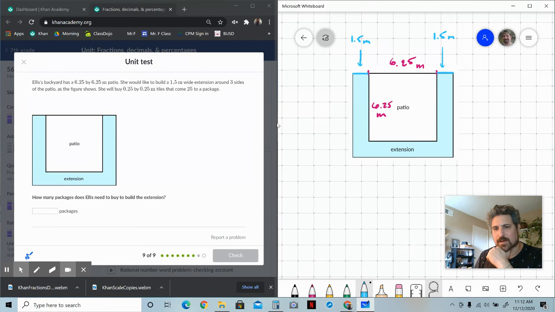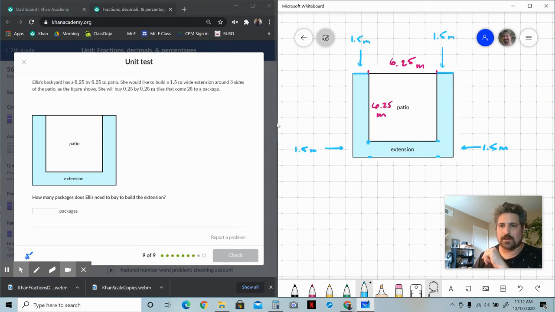And you can see that this distance here would also be 1.5 meters. And that's what she's talking about. She will buy 0.25 by 0.25 meter tiles that come in 25 to a package. How many packages does Ellis need to buy to build the extension?